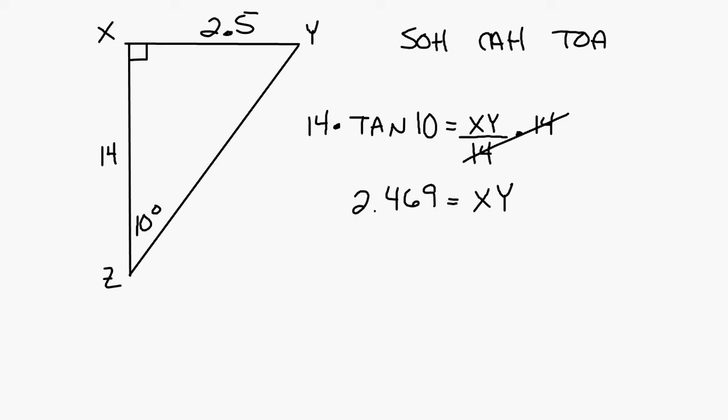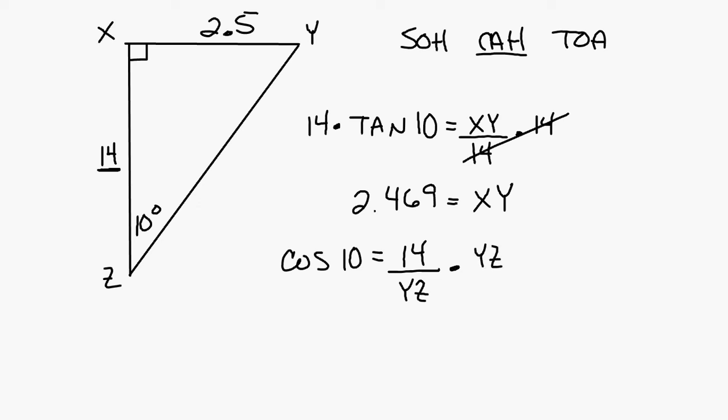All right, so now you've got your third side defined. So use the 14 again, and now if you're finding the hypotenuse, you need to use sine or cosine. You've got this adjacent side. So adjacent and hypotenuse is cosine. Cosine of 10 equals adjacent, which is 14, over the hypotenuse, which is yz. So you're going to multiply both sides by yz.